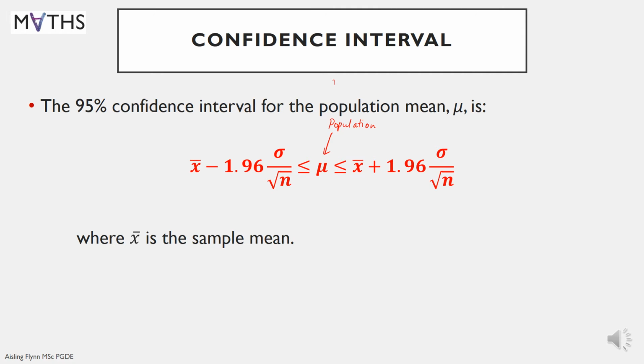Okay, and so the confidence interval begins with the sample mean minus the error. So the error you see here is 1.96 times the standard deviation of the sample, and it goes up to that same sample mean plus the error, and you see the error here, okay, where x bar is the sample mean.